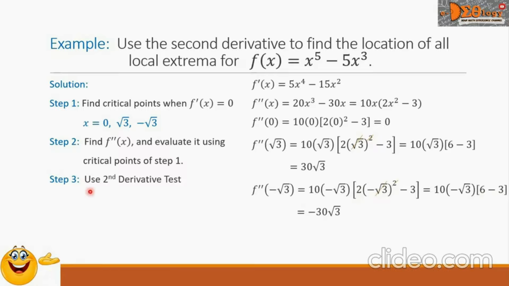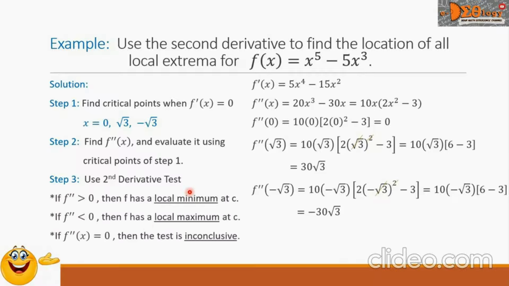For step 3, let us now use the second derivative test. We say that if the second derivative is greater than 0 or positive, then the function f has a local minimum at the point c. Second, if the second derivative is less than 0 or negative, then f has a local maximum at the point c.